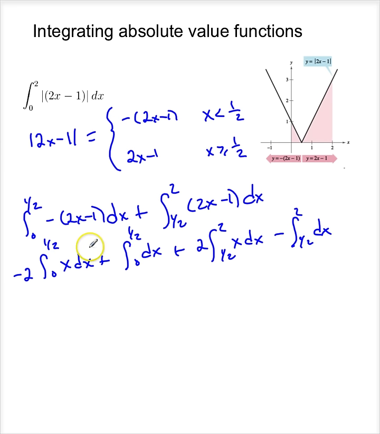Now let me check this because I make algebra mistakes. Minus 2 integral of x from 0 to 1/2 dx plus the integral from 0 to 1/2 dx plus 2 integral from 1/2 to 2 of x minus the integral of dx. All right.